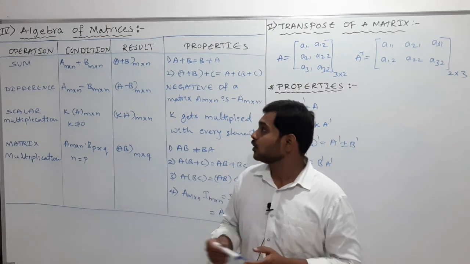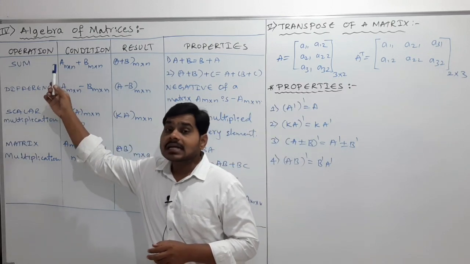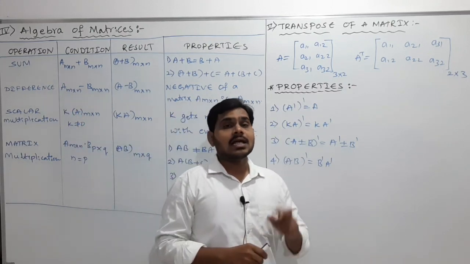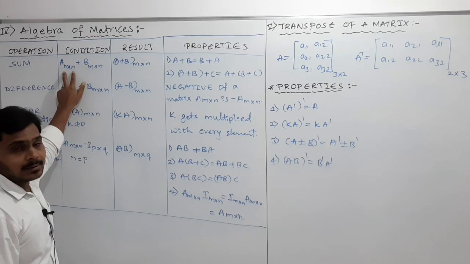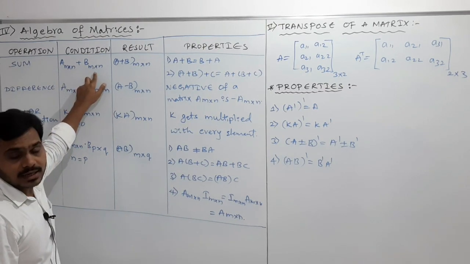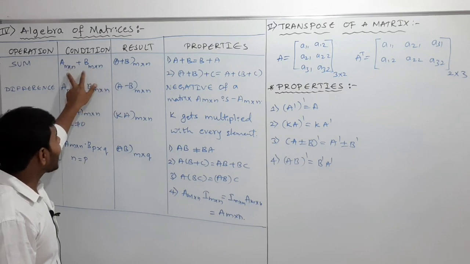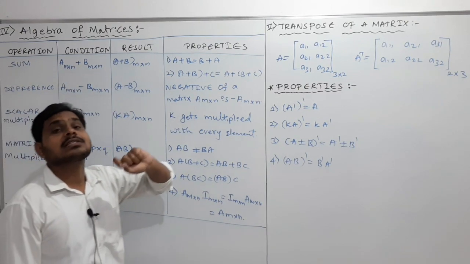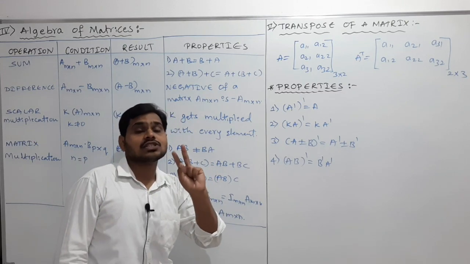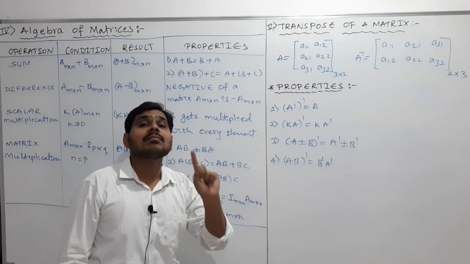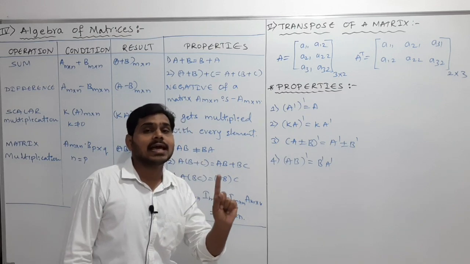So the first one I am going to discuss is sum. Sum means addition. If you have two matrices, A of the order m cross n and B of the order m cross n, you can add any two matrices only if both matrices are of the same order, then only we can add.